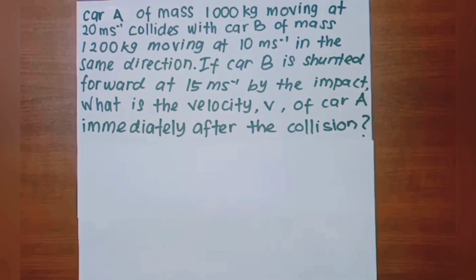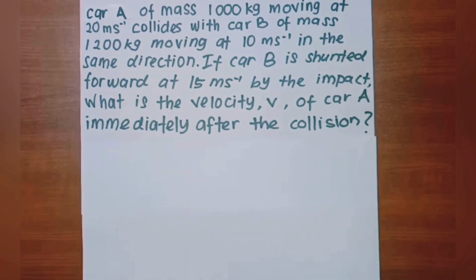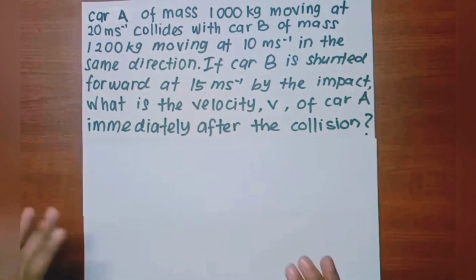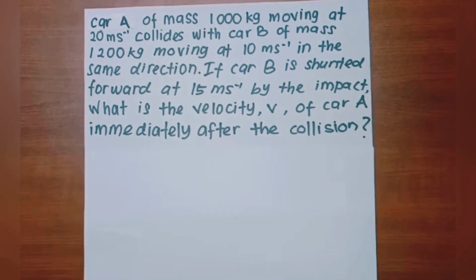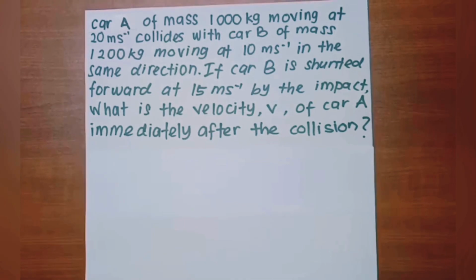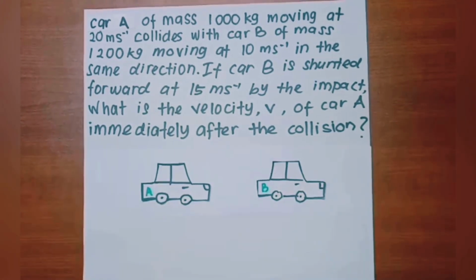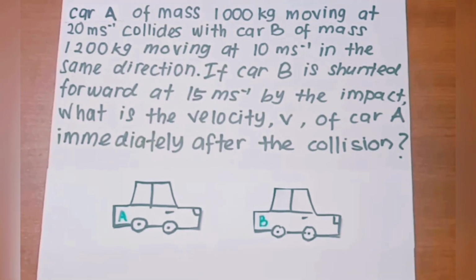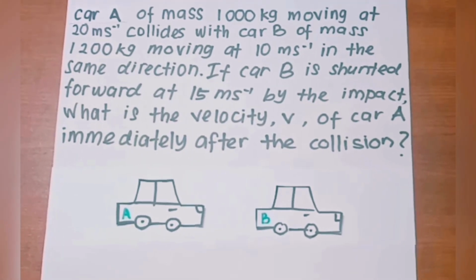Before answering the question, let's apply the tips that I mentioned just now. For the first step, you have to sketch the situation from the question. So, in this question, there are car A and car B. Next, label your sketch with all the variables and information given from the question.